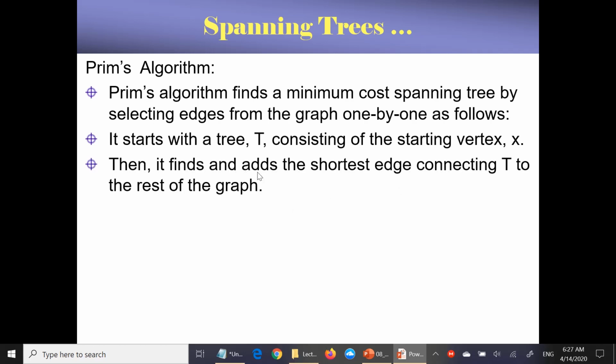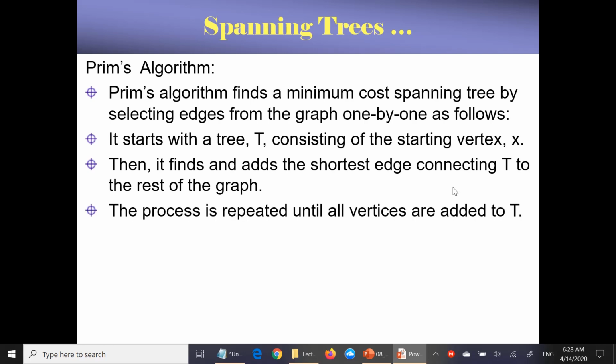Then it finds and adds the shortest edge connecting the current T to the rest of the graph. I mean, which edge will connect the current tree to the rest of the graph with minimum weight? It will add that, and then find the next one, and so on until it connects the whole vertices. So the process is repeated until all vertices are added to T.